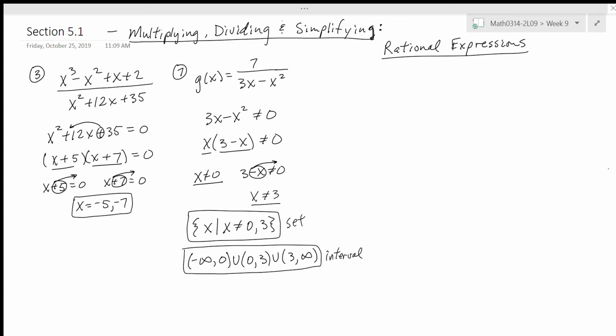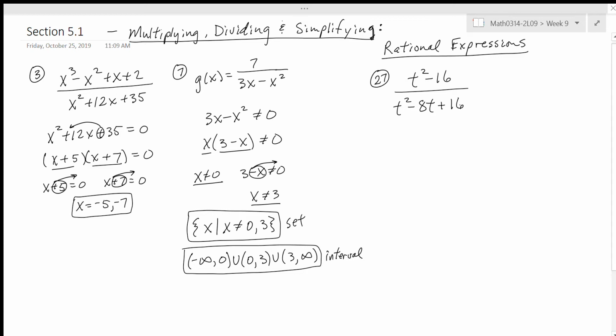Number 27. And what the instructions say this time, it just says simplify.